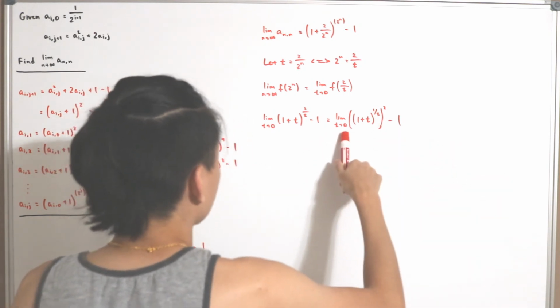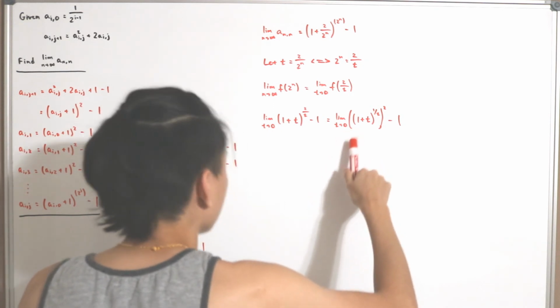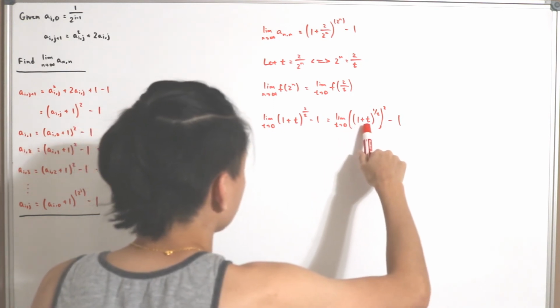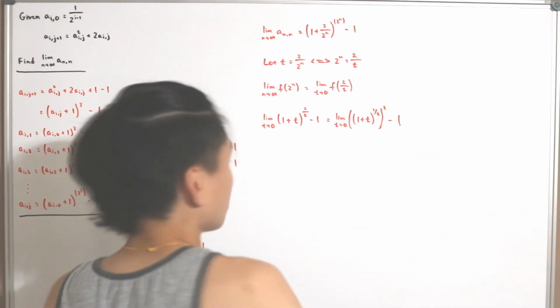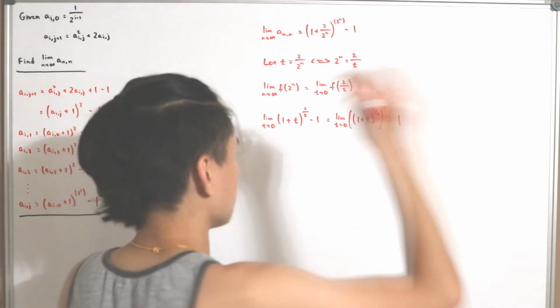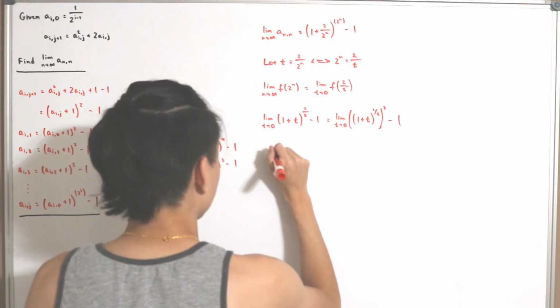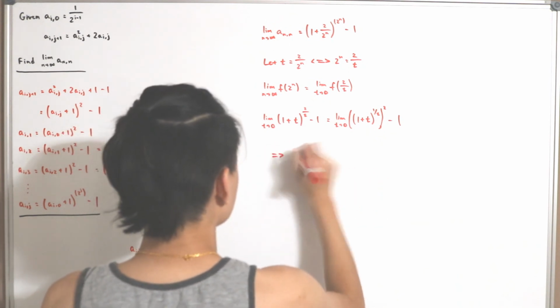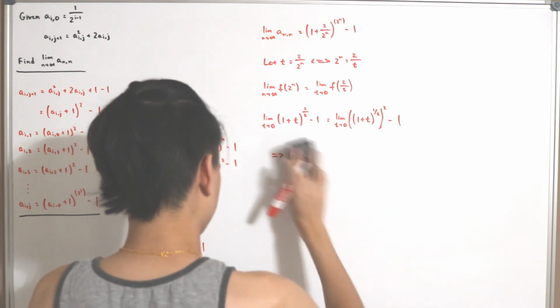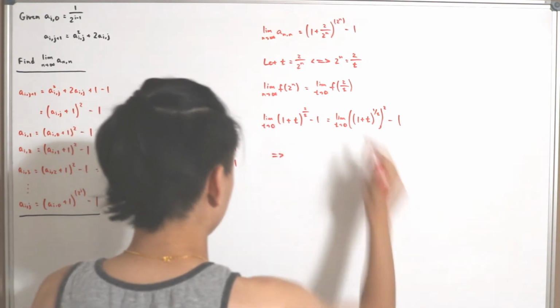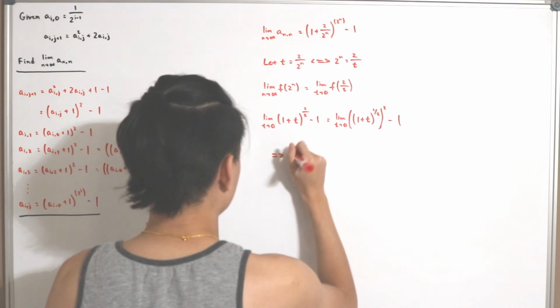But since we're given t approaches 0, the formulation 1 plus t raised to the 1 over t, you take that limit as t approaches 0, is going to equal e, Euler's constant. So with that definition, this is e squared. I'm not going to need the parentheses for this, and then e, then distribute the square, so it's e squared minus 1.